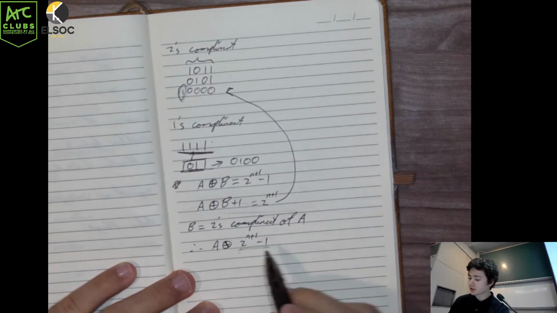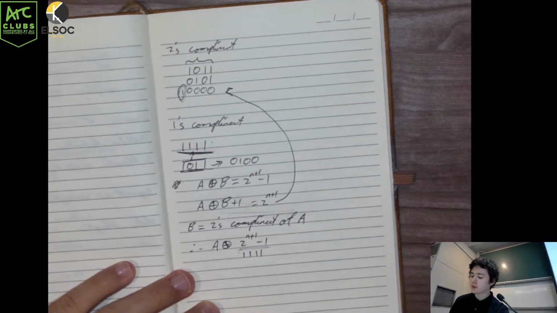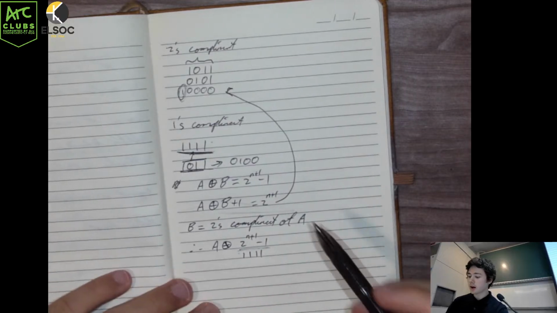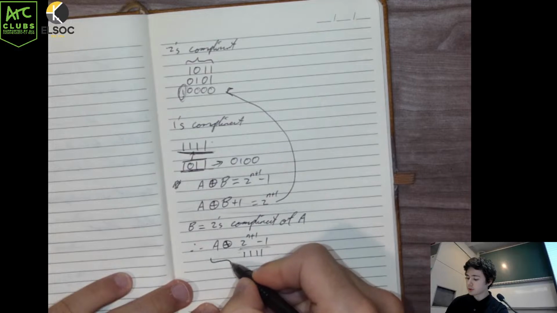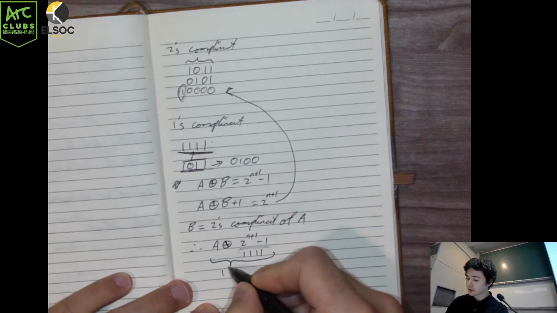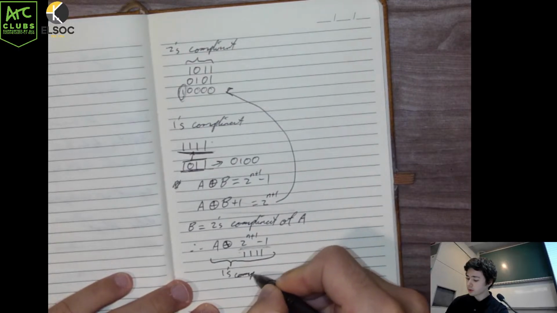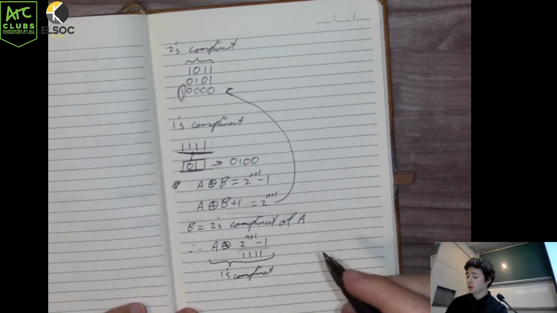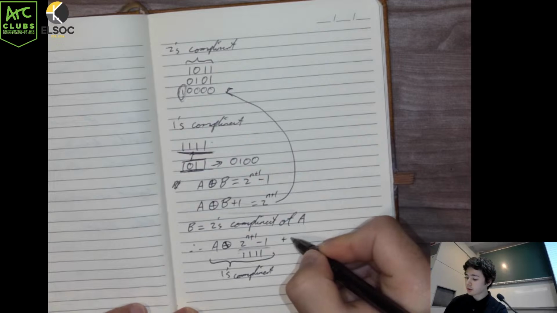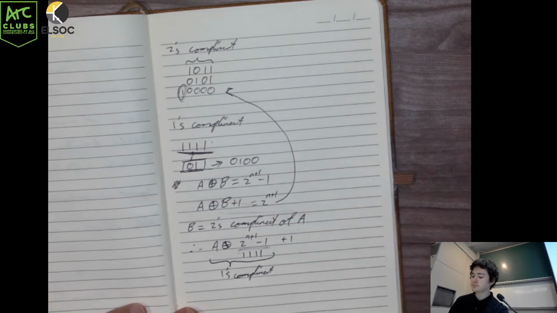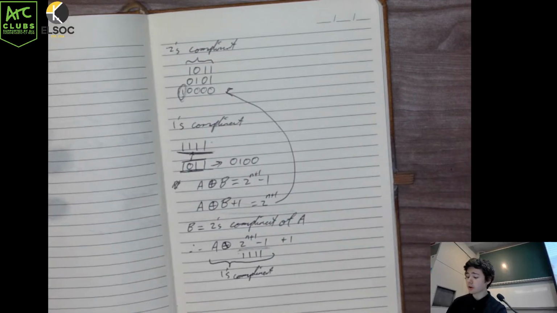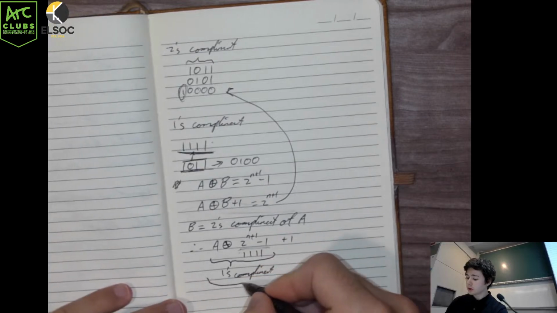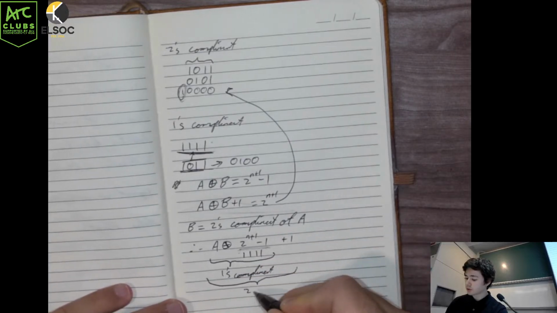This is just going to be a series of 1's. If I XOR with that, I end up with my one's complement, because I've flipped every single bit I have there. Then I'm just going to add a 1. By adding the 1 on the end, I make the two's complement.